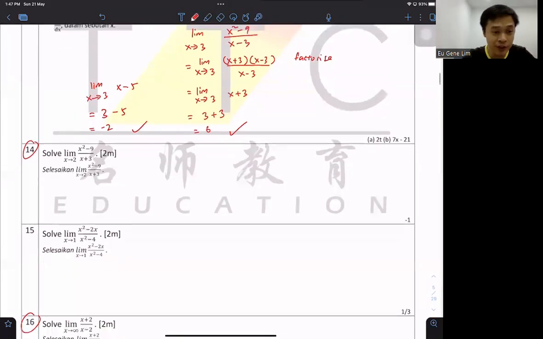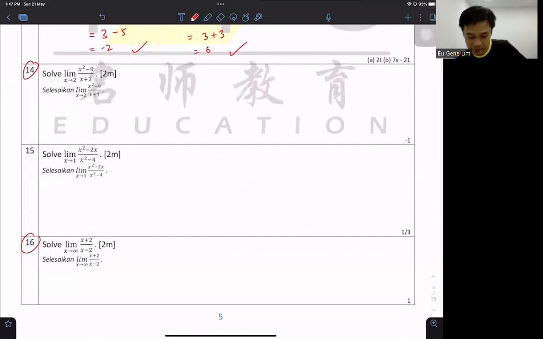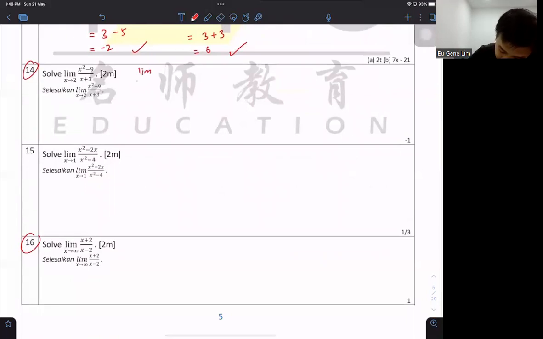So let's try questions 14 and 16. You see question 14, x arrow 2, right? You sub x arrow 2 into x squared minus 9 over x plus 3. You sub first and see what happened.